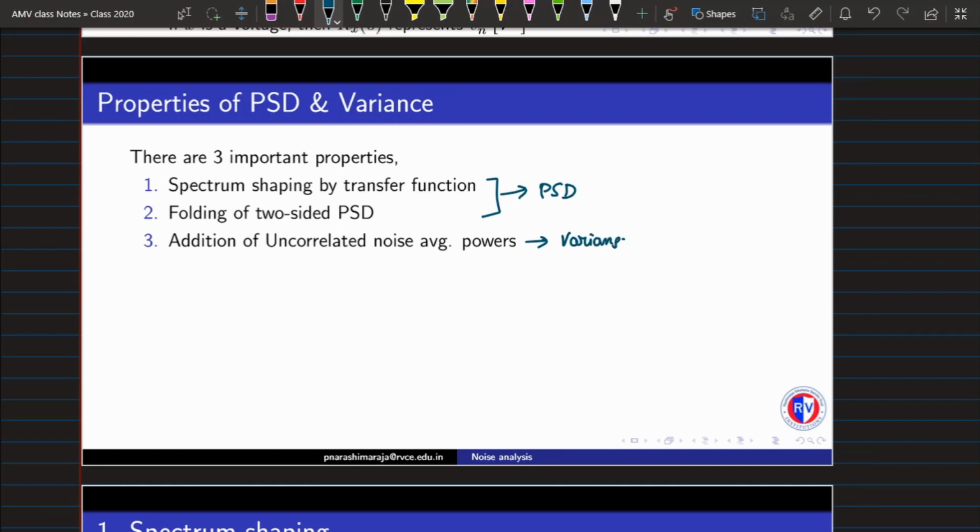As you know, the power spectral density describes the frequency domain characteristics of a noise, whereas the variance represents the time domain parameter of a noise. Hope that you're clear.